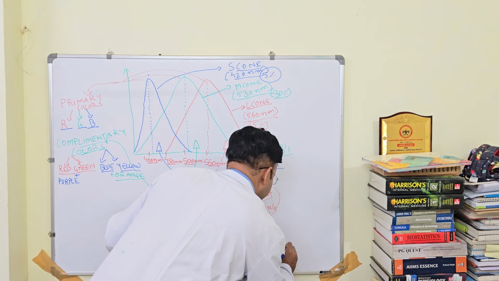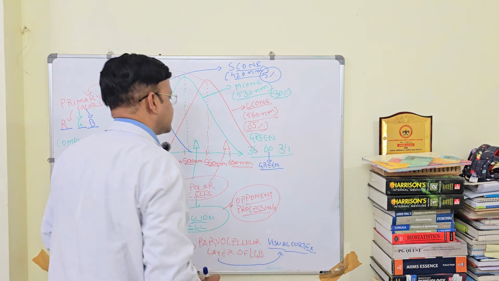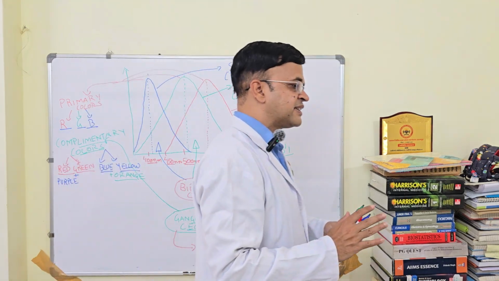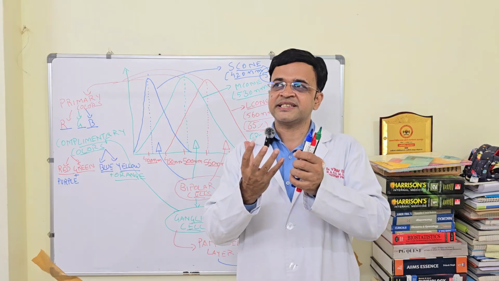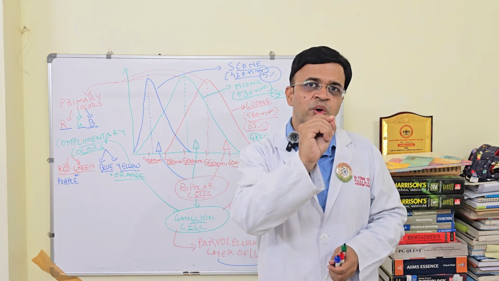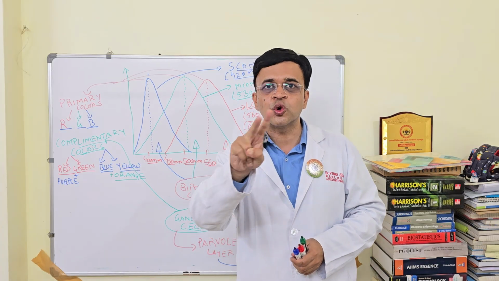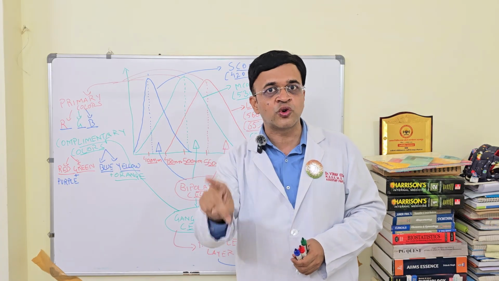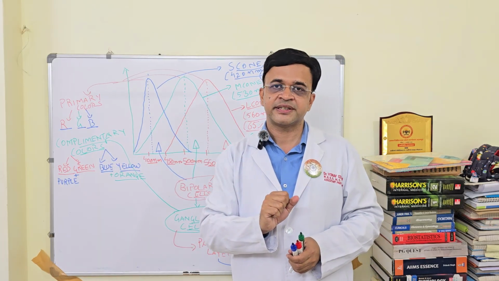Now, something interesting happens in the visual cortex. As we discussed earlier, the brain actually assesses color with the help of comparison. If you stimulate only one cone, you won't see any color. Stimulation of at least two cones is required for assessing colors.